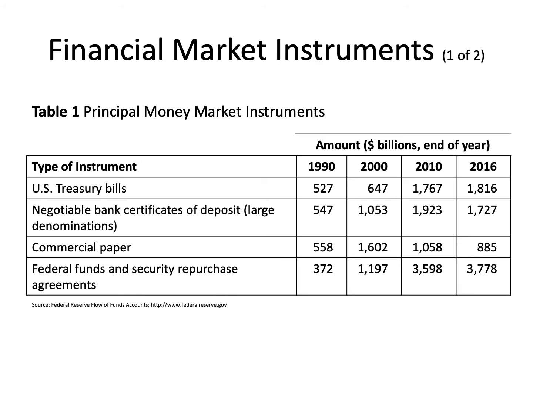Commercial paper increased and has gone down. Negotiable bank certificates of deposit in large denominations has increased, and US Treasury bills are the second largest money market instrument.